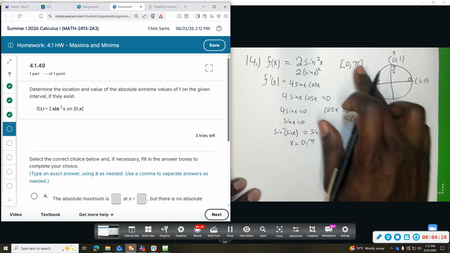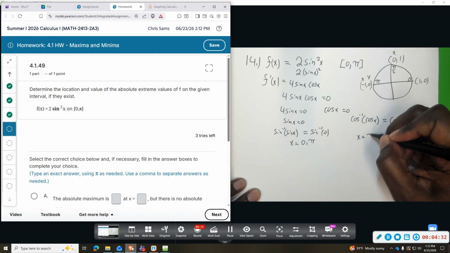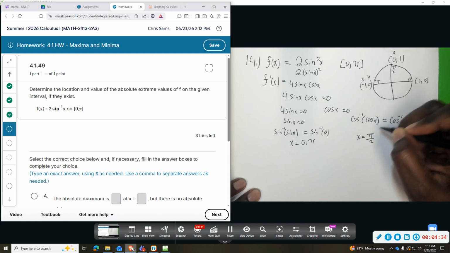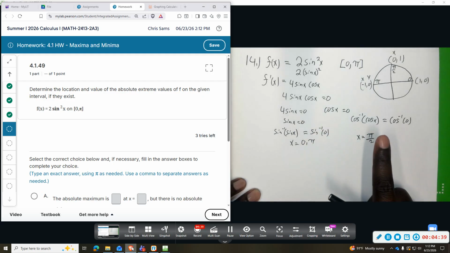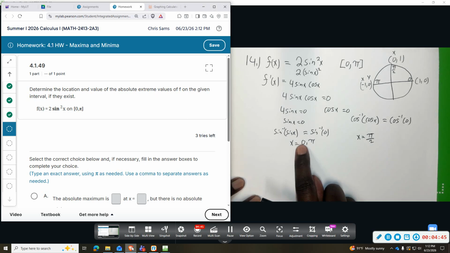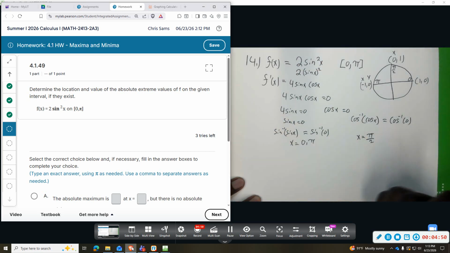So in that range, whenever x equals pi over 2, we also get 0. So we have 3 critical points, the 2 endpoints and pi over 2. We are going to plug each of these values into this function and find out which one gives us the max or minimum.